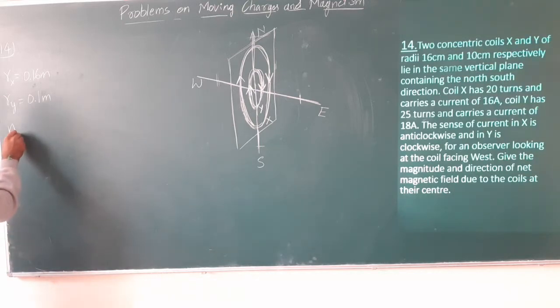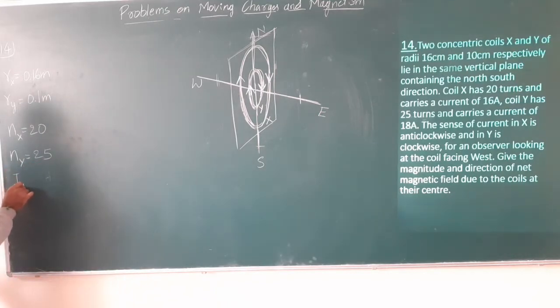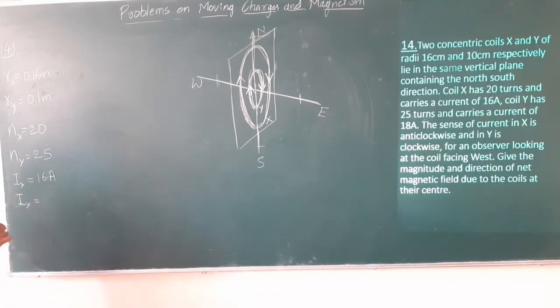So number of turns in the coil X, which I can call Nx, is 20. Number of turns in the coil Y is 25, and current that is flowing through coil X is 16 ampere, Ix is 16 ampere, and current flowing through the coil Y is 18 ampere.